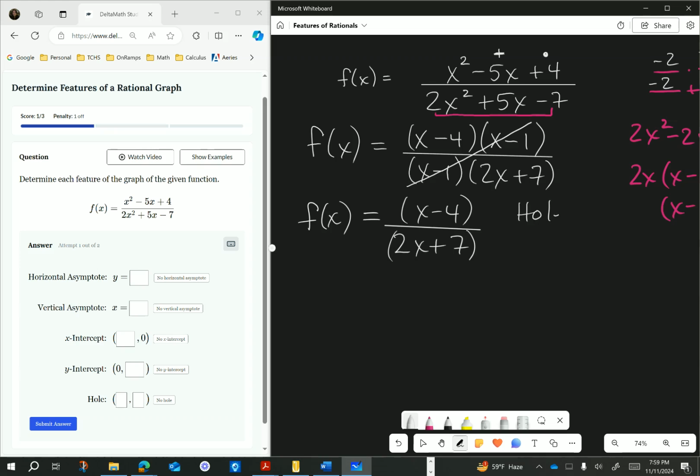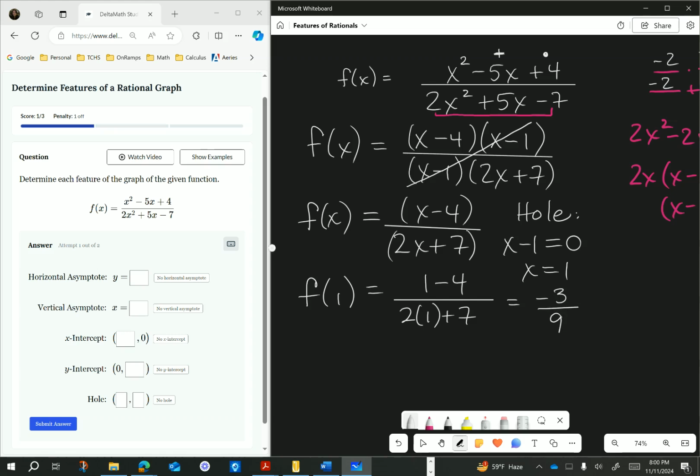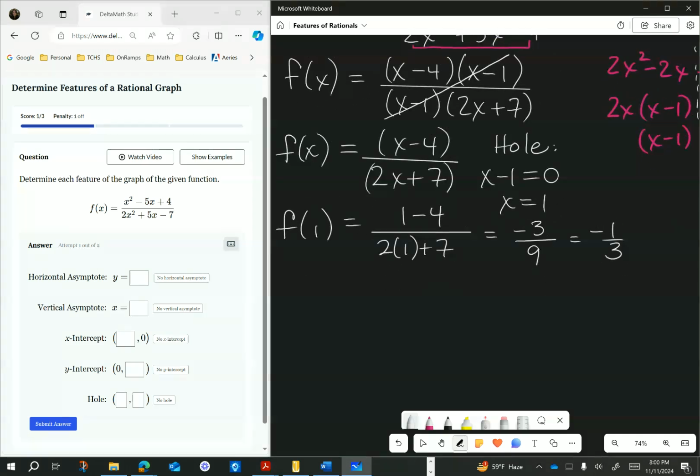But the hole, once you get a canceled factor, I set that factor equal to 0 and solve, and I know my hole is going to have an x value of 1, but I'm going to put 1 into the function for every x, and I have 1 minus 4 over 2 times 1 plus 7. So that's going to be -3 over 9, which is -1/3. So the coordinates of the hole are going to be 1, comma, -1/3.